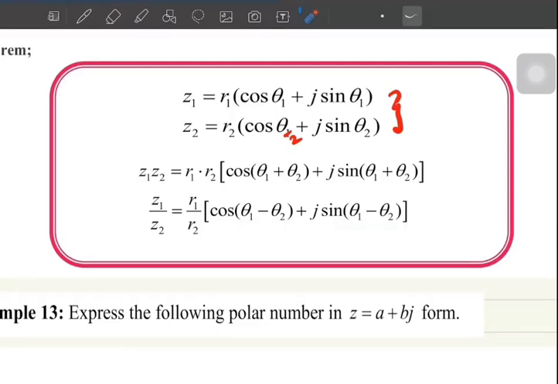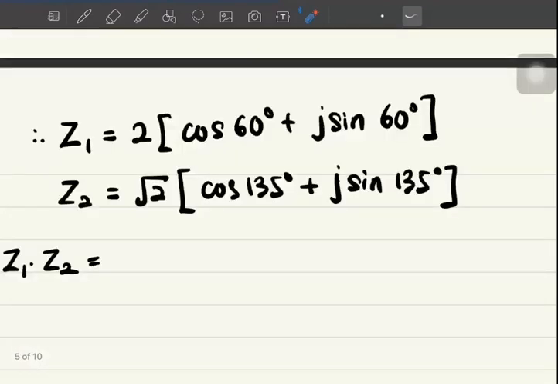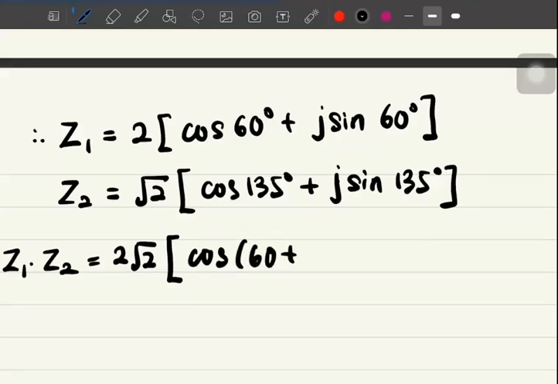Okay, so therefore R1 multiply with R2 will give you 2 square root 2, cos 60 plus 135 degree plus J sin 60 plus 135.